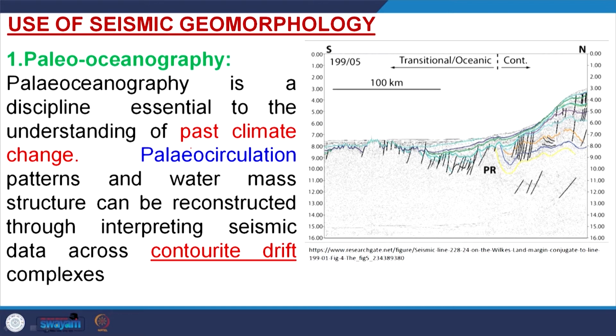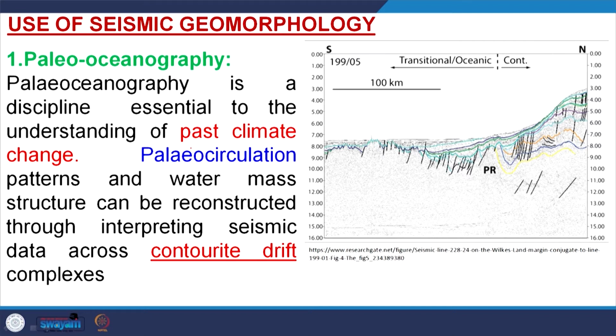Paleooceanography is a discipline essential to the understanding of past climate change. Paleo circulation patterns and water mass structure can be constructed through interpreting seismic data across the contourite drift complexes. So, we have seismic data. From the seismic data, we can interpret these contourite drifts, this exposure of shelf, this change of sea level, this migration of coastline.